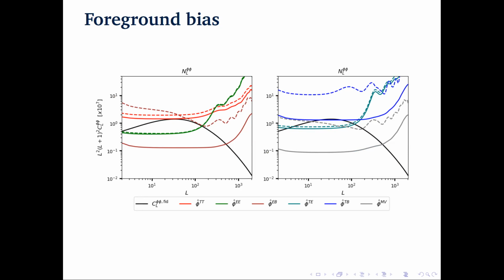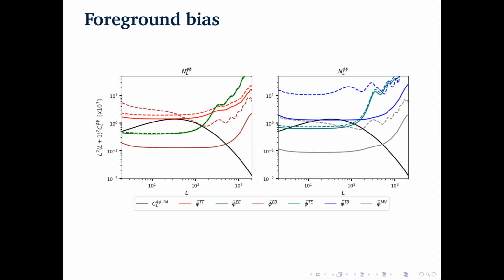So let's check the EB estimator, because that was the estimator that had the lowest noise for CMB-S4. For the EB estimator, this reconstruction bias after adding the foreground changes very drastically. It goes very up. So now the EB estimator is no longer the lowest reconstruction bias estimator.